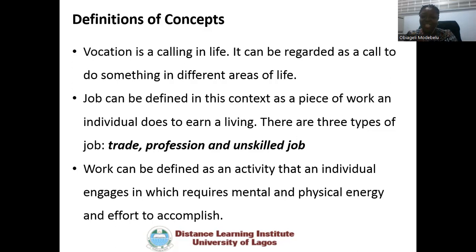Trade is a kind of job that you don't need to be trained in theory and practice to engage in. Take, for instance, an apprentice who goes to learn under a master to become a mechanic, a plumber, or a painter.